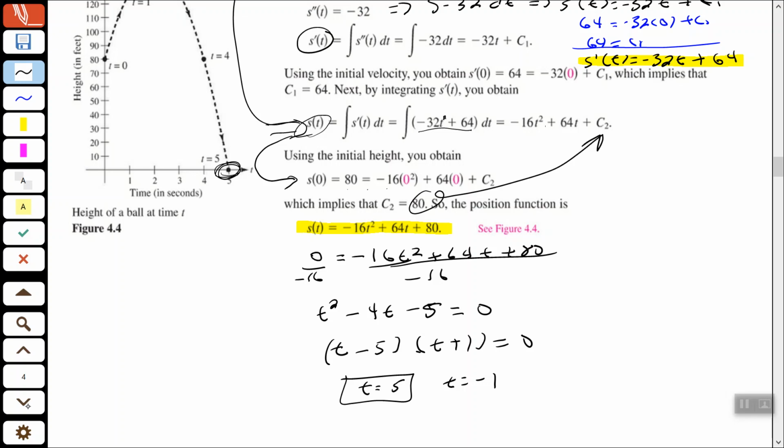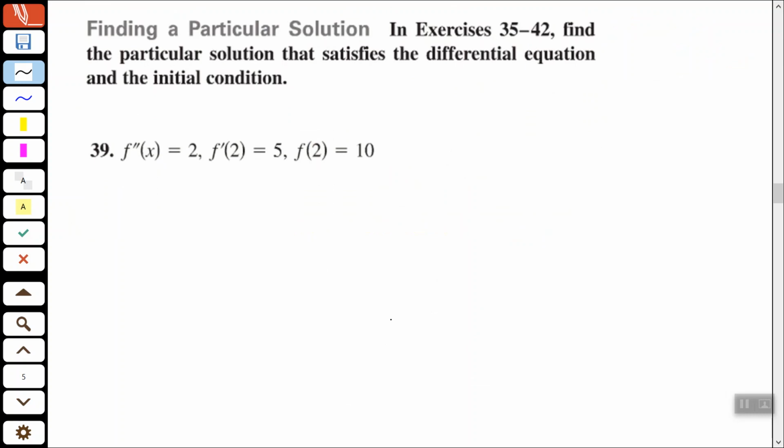Alrighty. So let's look at one more problem here, and it says find a particular solution. So we're using the same process that we just used on that last problem to find the particular solution that satisfies the differential equation and the initial condition. All right, so we just want to work our way backwards.